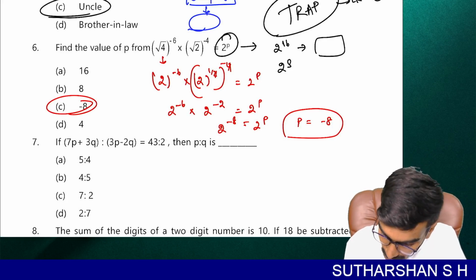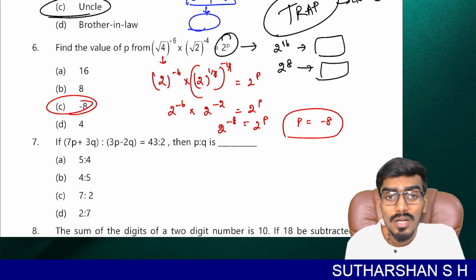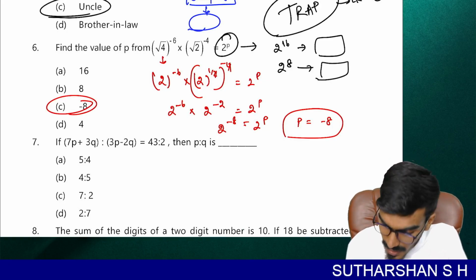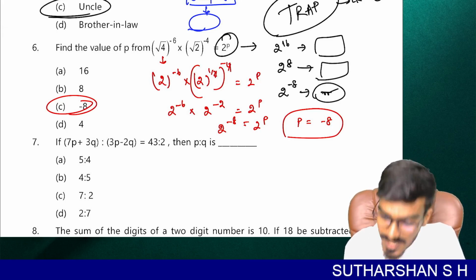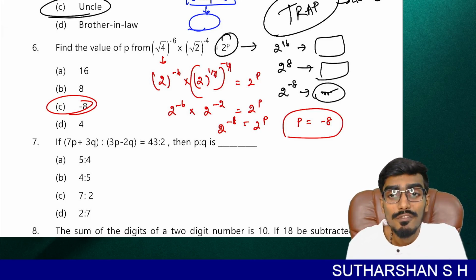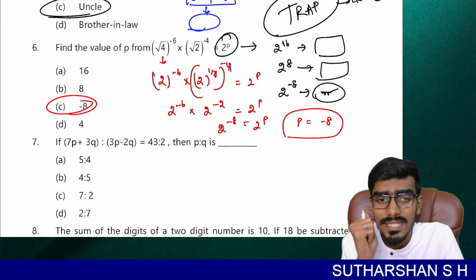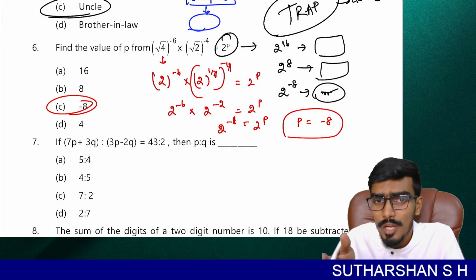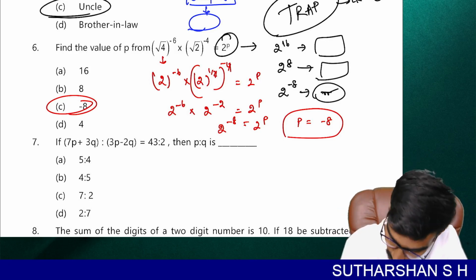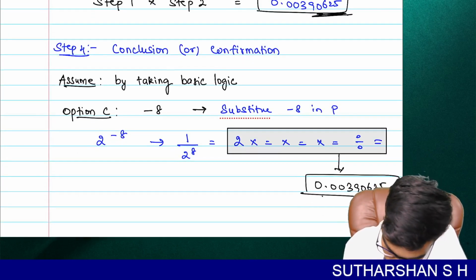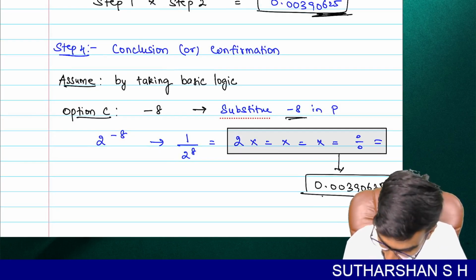If I get 2 power 8, again I will get a whole number, a natural number. If I put only 2 power minus 8, I will get my answer in decimals. If I put 2 power 4, it is also 16. So that should not be the answer. Always my option C should be the answer. For that, we will substitute 8. For 8, what will we do?